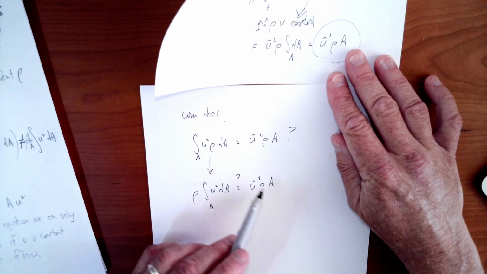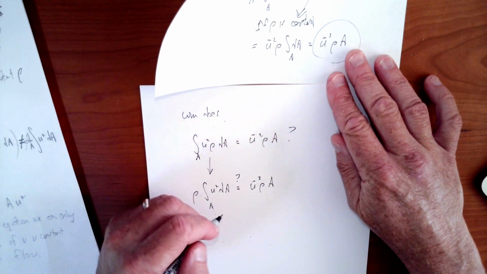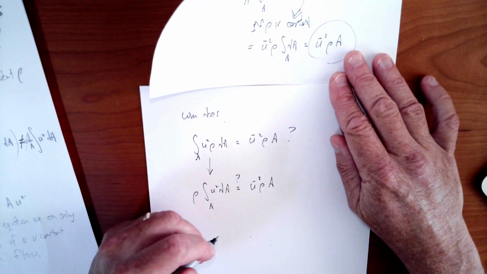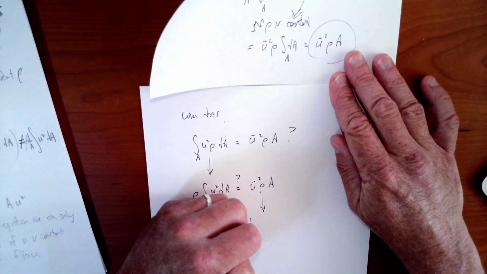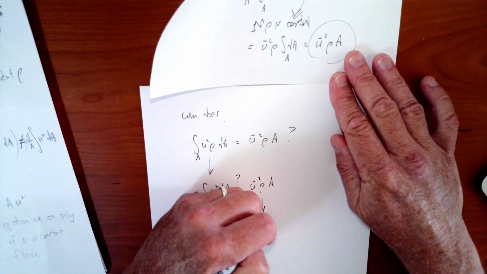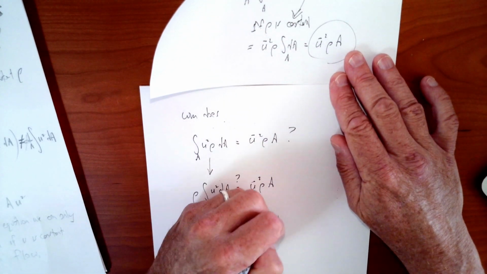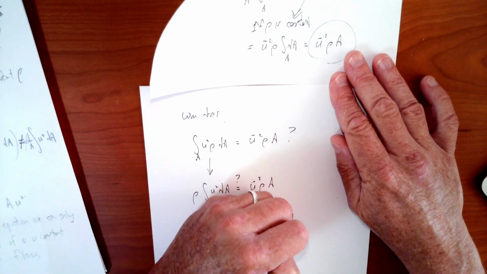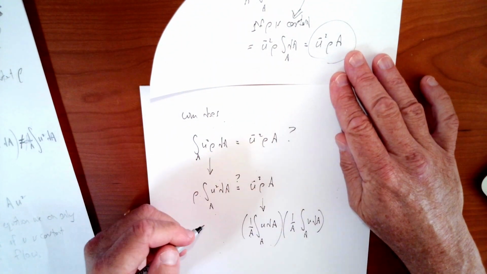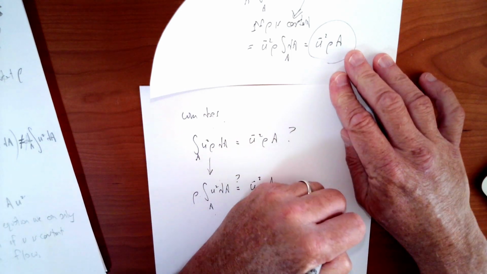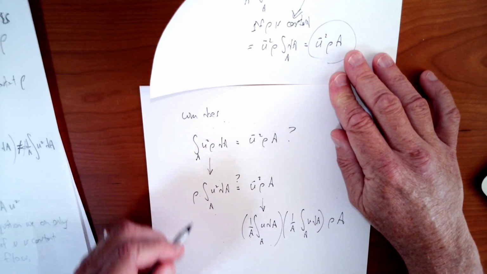Which means we can calculate what u bar squared equals in terms of that integral, using the definition of u bar. So u bar equals 1 over A times the integral over A of u dA. So that's squared, 1 over A integral A u dA. So we have two of those times rho times A. Does that equal this?